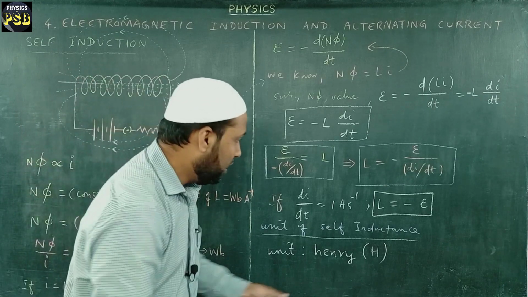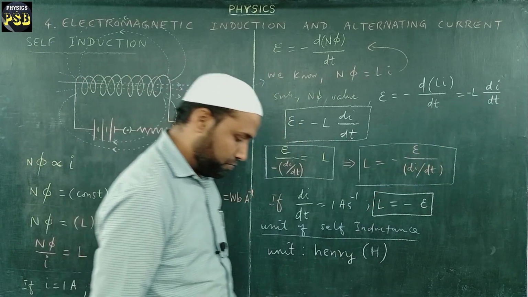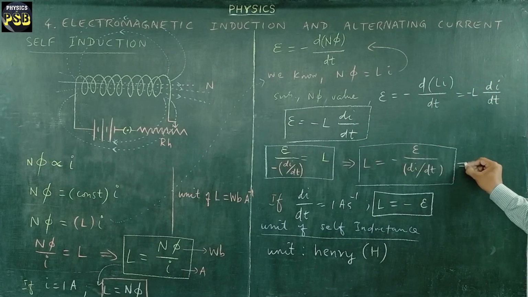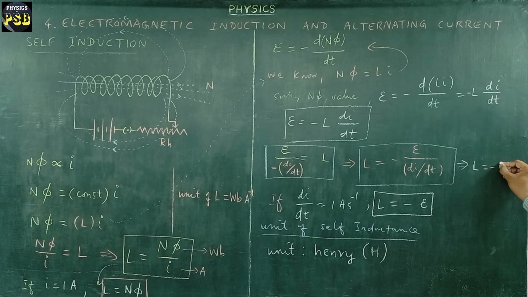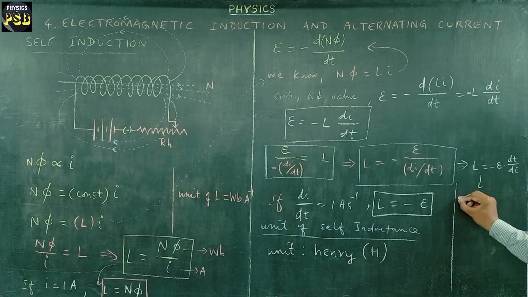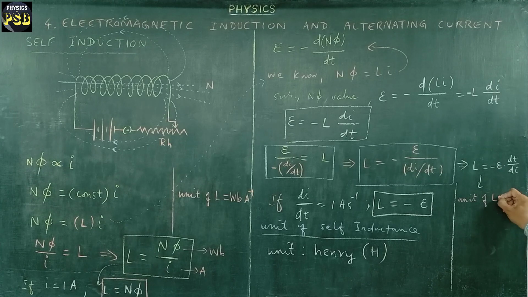In a similar way, if we use this expression, then the L value can be written as minus epsilon, and taking dt upon di, it becomes epsilon dt upon di. Keeping this in mind, the unit of L can be written as follows. Here EMF is measured in volt, so we write V for volt.